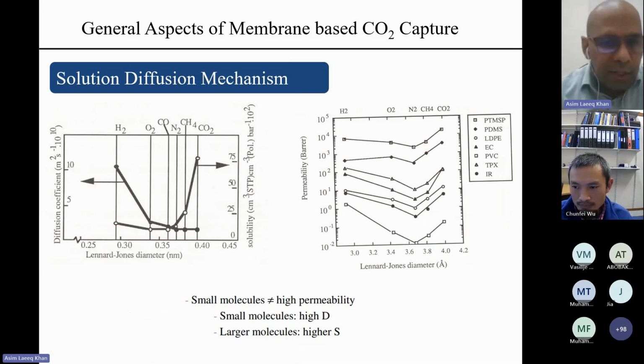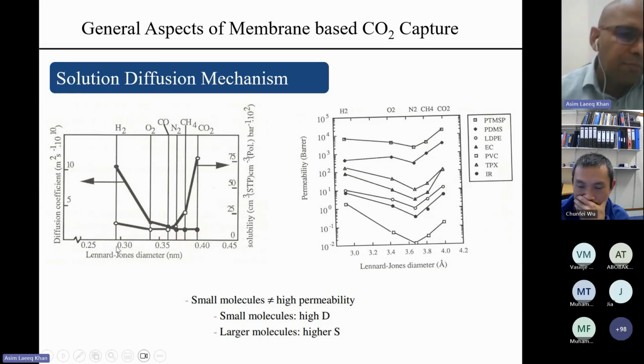And as you can see in this graph, it does not always mean that the smallest molecule will have the highest permeability or flux. Here on the x-axis is the diameter of the permeating molecule. On the primary y-axis, we have the diffusion coefficient.